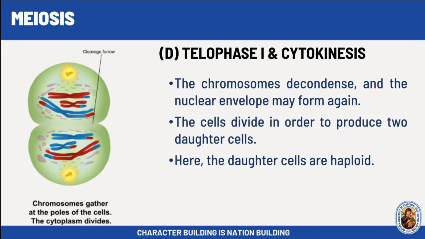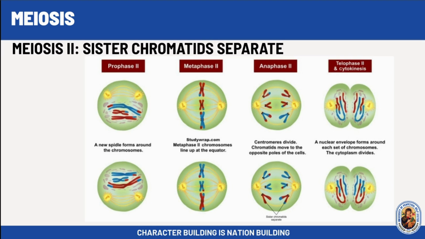Telophase one still contains the chromosomes in their chromosome form, but they begin to decondense. After that, we'll move on to meiosis two, where the sister chromatids separate.